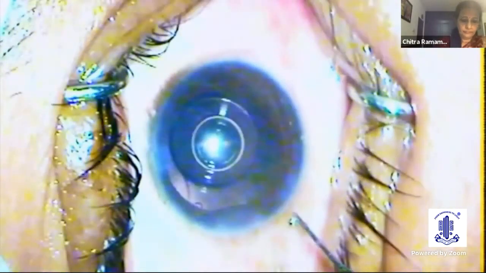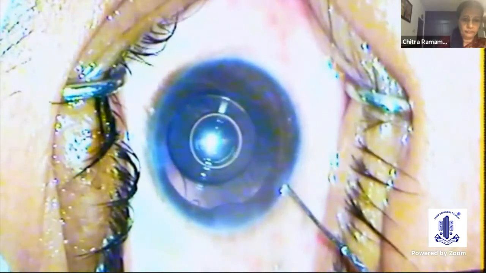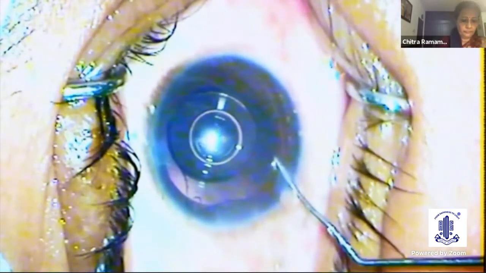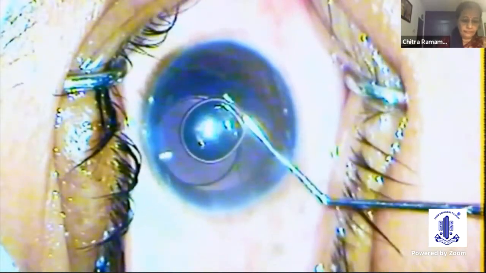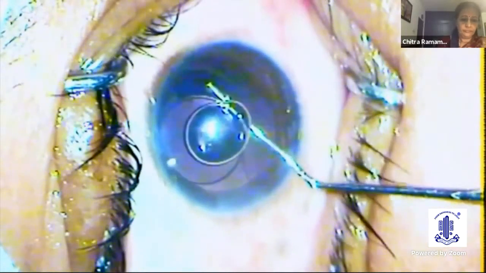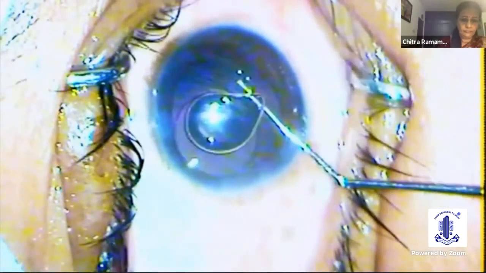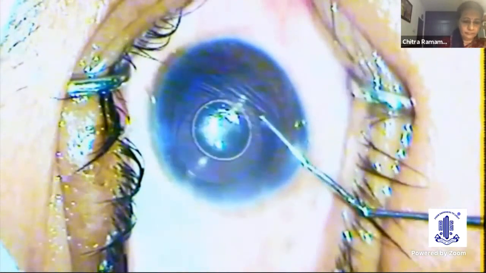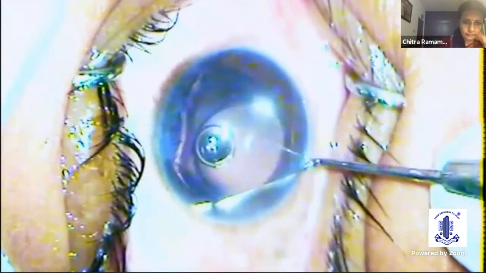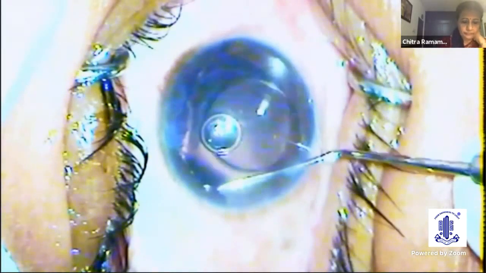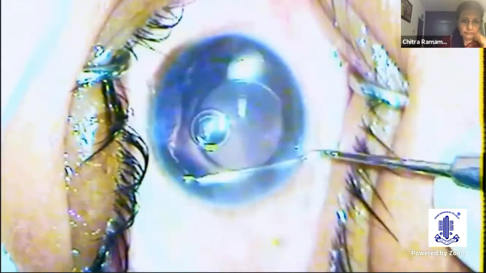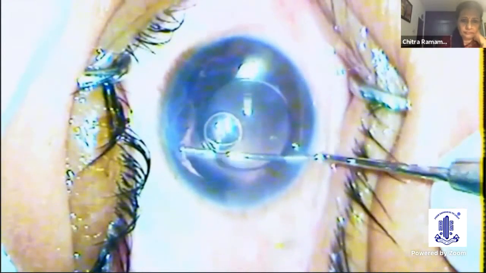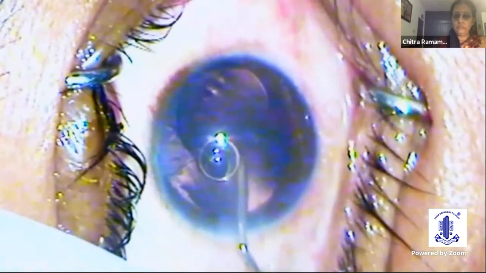A dumbbell dialer was taken so that the remaining part of the haptic can be taken out of the bag gently and without further extending the subluxation. Viscoelastic was injected to shift the IOL nasally and to inflate the bag nicely.